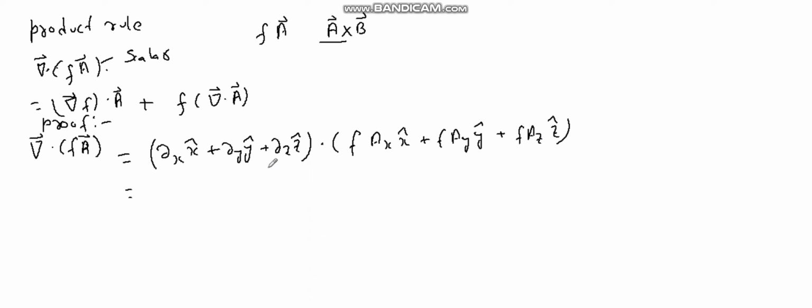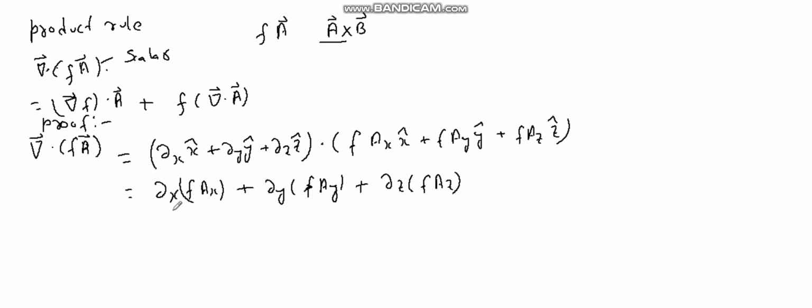Now this is a dot product, so the answer will be del x of f ax, plus del y of f ay, plus del z of f az. Okay, so we can write it like this.